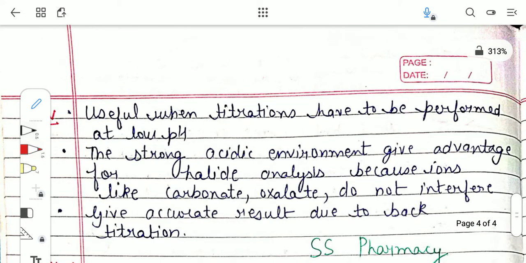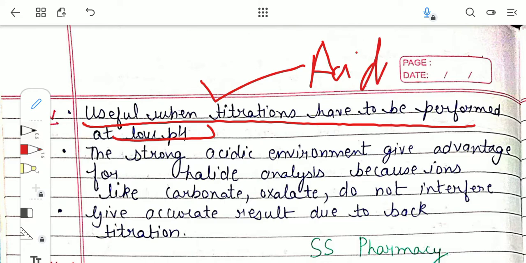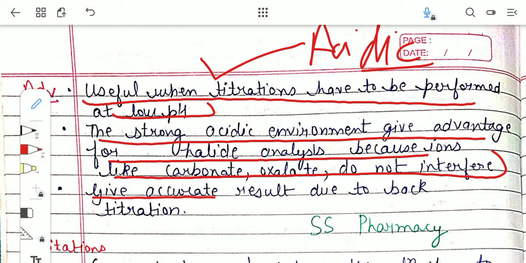The very first advantage is that it is useful when the titrations have to be performed at low pH, because we use an acidic medium. The strong acidic environment gives an advantage for halide analysis because ions like carbonate and oxalate do not interfere. The other advantage is that it gives accurate results due to back titration. These are the main advantages of Volhard's method.